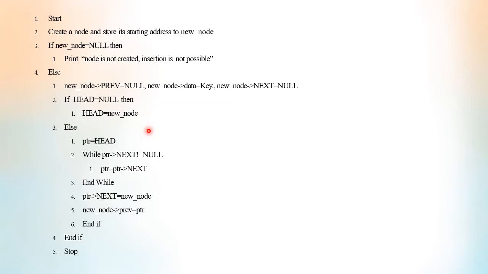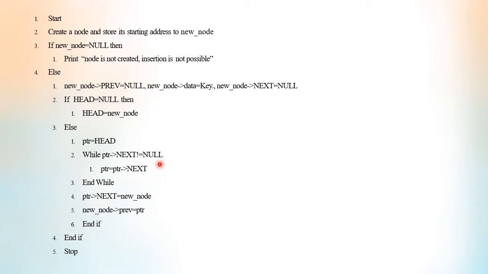In the else part, we have to traverse till the end of the doubly linked list, since we have to insert the new node at the end. For that purpose, use a temporary pointer variable ptr is equal to head and traverse the doubly linked list till we reach the last node: while ptr next is not equal to null, ptr is equal to ptr next, end while.